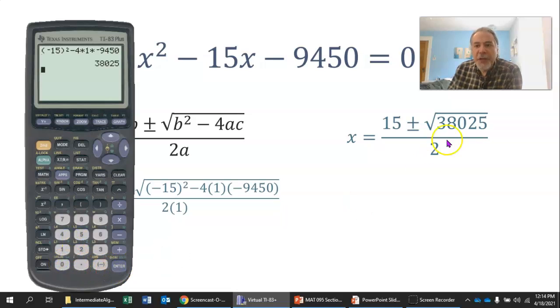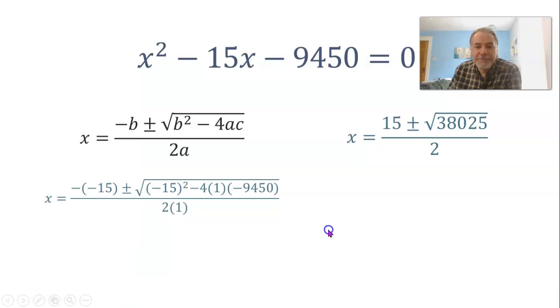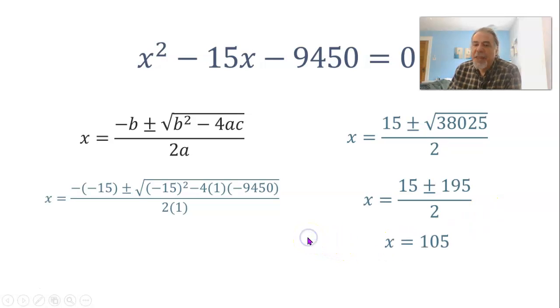And that came out to be 38,025. And then the square root of that number, the square root of 38,025, is 195. So we're looking at 15 plus or minus 195, over 2. The one we want is the plus, because if we do the minus, we'll get a negative number. And it doesn't make sense to have a negative number of units produced.